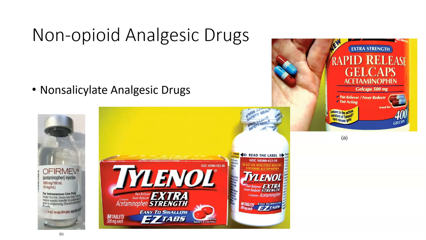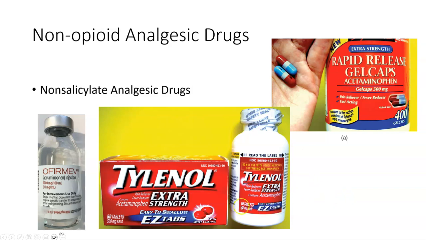Acetaminophen, by the trade name of Ofirmev, is the injectable formulation, and it's administered intravenously. Now, it is important for patients to be aware that overuse of acetaminophen can cause hepatotoxicity. It can be damaging to the liver. So here's an image of extra strength acetaminophen, which is 500 milligrams.